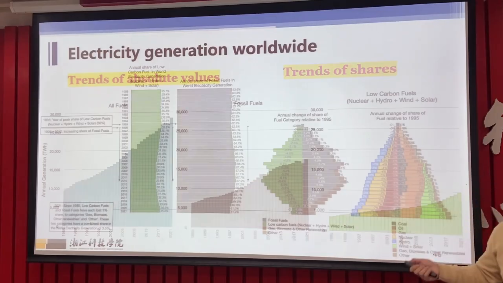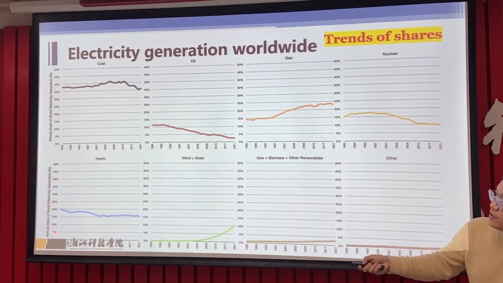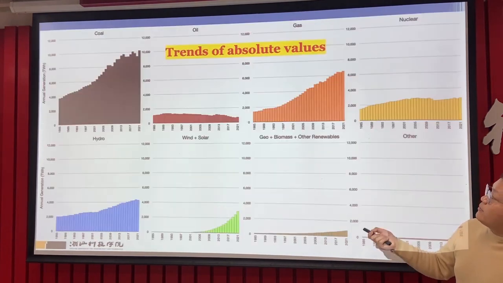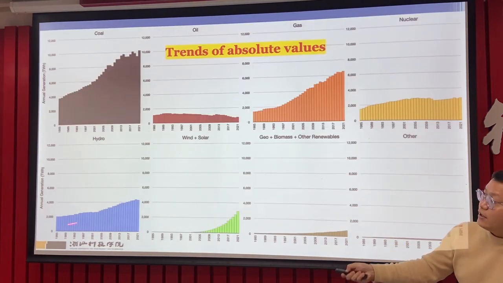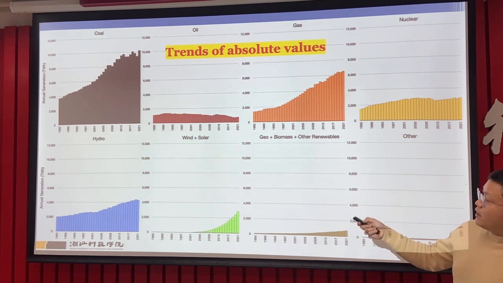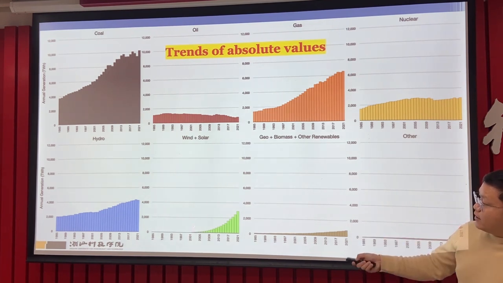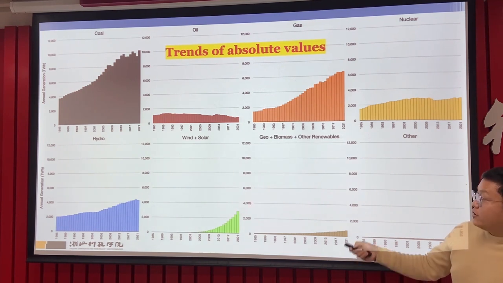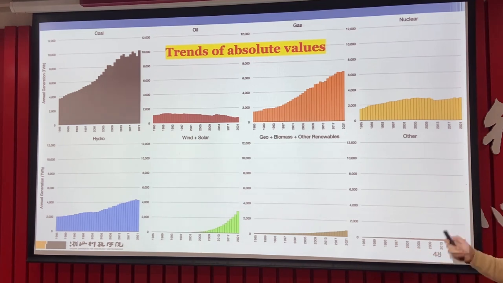For hydroelectricity, the share is decreasing, but the absolute values are increasing in the past 30 or 40 years. And we have some renewable energy electricity. It increased dramatically from 2000 to 2021. The increasing rate is quite high here.